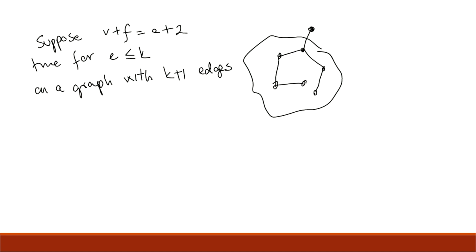So basically, what we want to show is that if it's true for the one inside the circle, it's true for the whole graph. And it is, because when we are adding that extra bit, we add one edge, so we add one to the right-hand side, but we also add one vertex to the left side. So actually, the equation stays the same. We don't have any new faces or anything like that, so it's quite good.